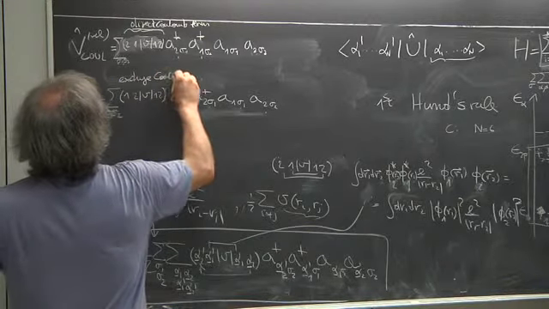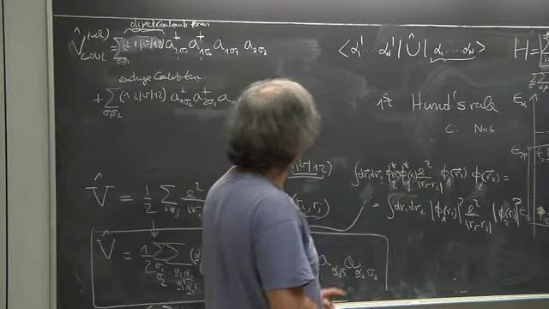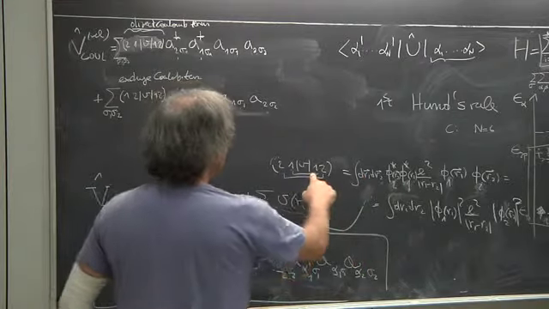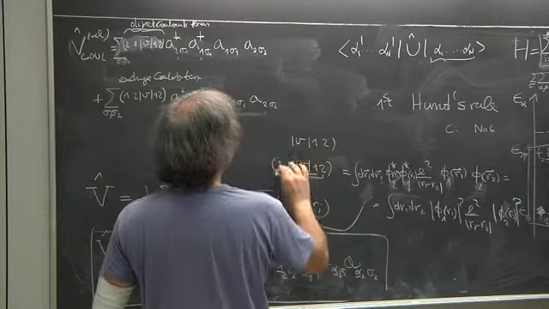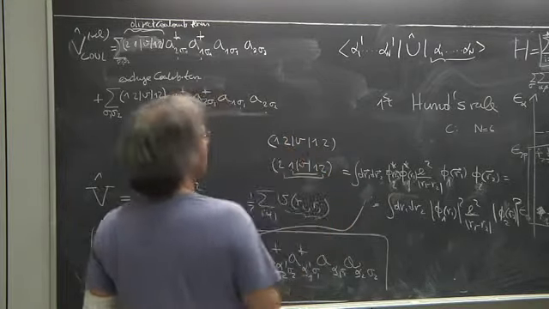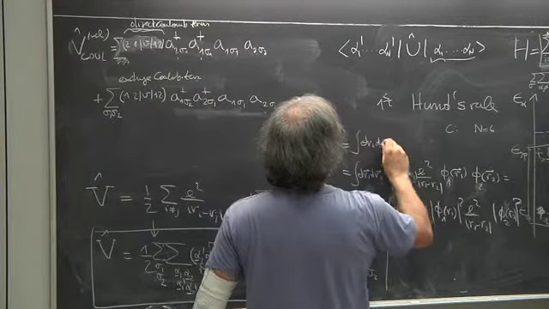Well, by the very simple meaning of the name. I have 1 and 2 on the right, and the exchange configuration, so 2 and 1 on the left. Okay? This implies, again, a double integral.